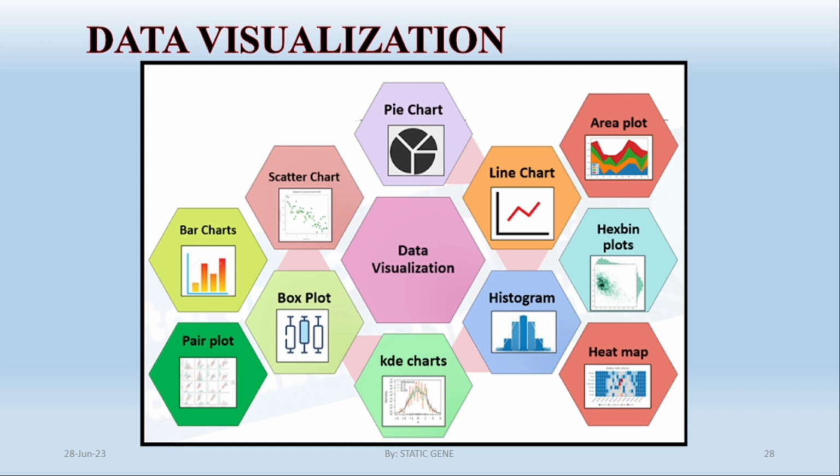You can do a line chart, for example, measuring temperature, cumulative temperature, or rainfall accumulation per year. You can also use a line chart. There's area plot, x-bin plot, histograms, heat map.